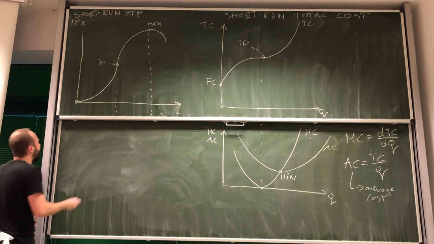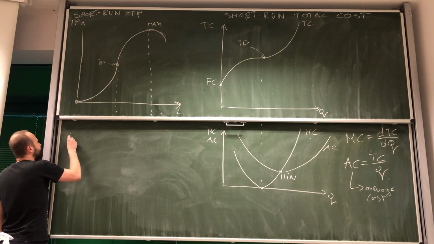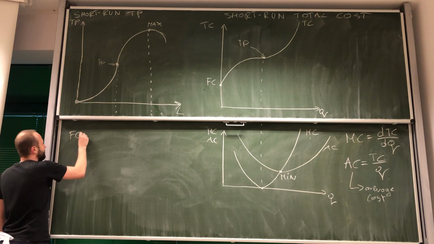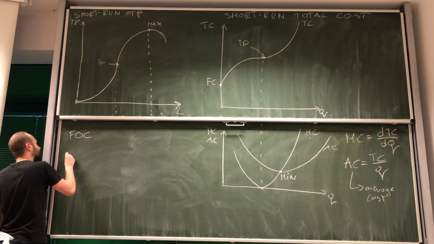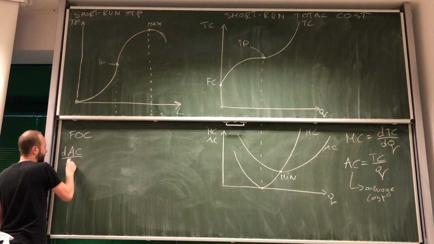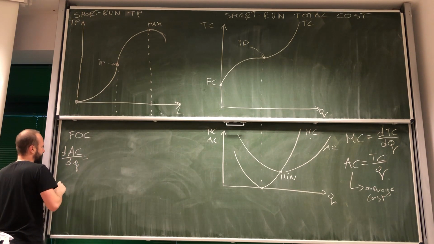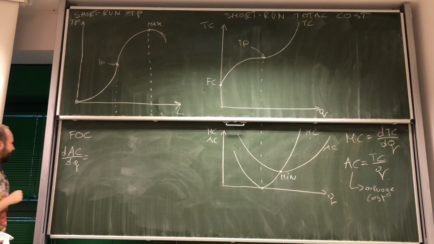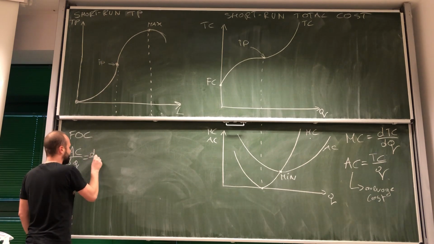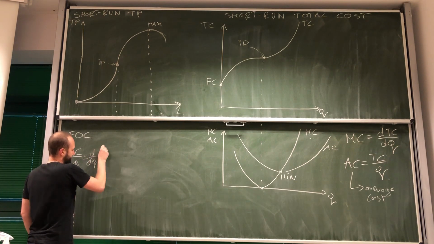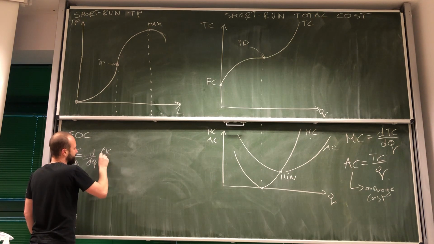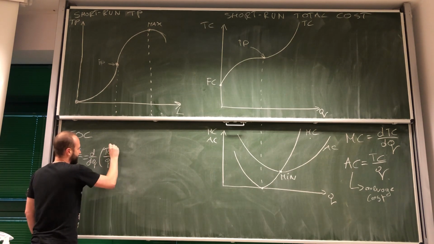So look, with first order condition, I want to calculate first derivative of average cost with respect to quantity. So, what am I doing now? I'm differentiating total cost over quantity.